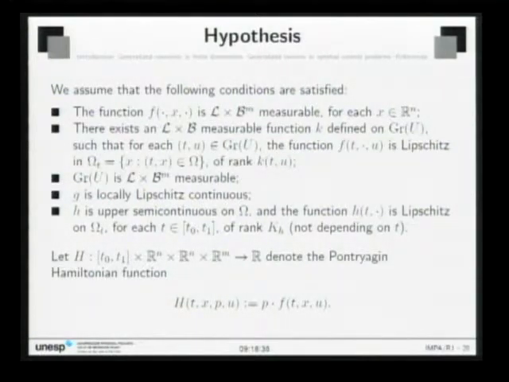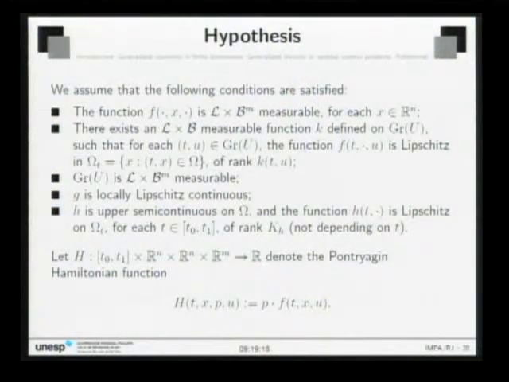This for each x in Rn, and there must be a function k defined on the graph of U, such that this vector field with respect to the state should be Lipschitz, and the graph should be measurable with respect to these algebras, Lebesgue and Borel. And g here is the objective function, and g should be Lipschitz, and h, which is the constraints, should be upper semi-continuous, and Lipschitz with respect to the state, and this Lipschitz continuity is with the constant K, which is independent of t.